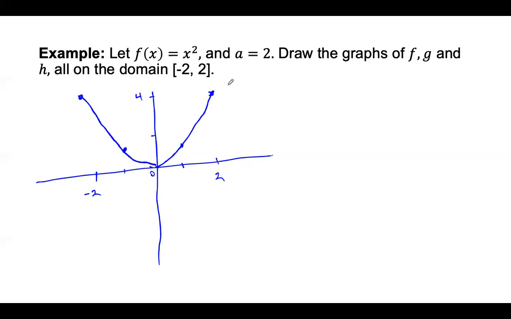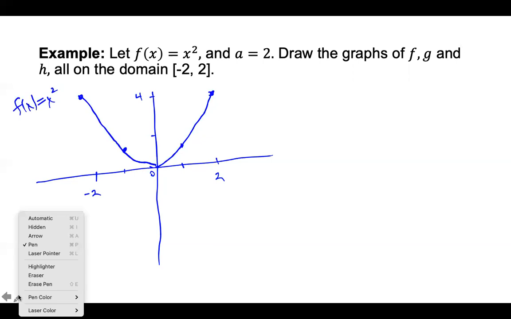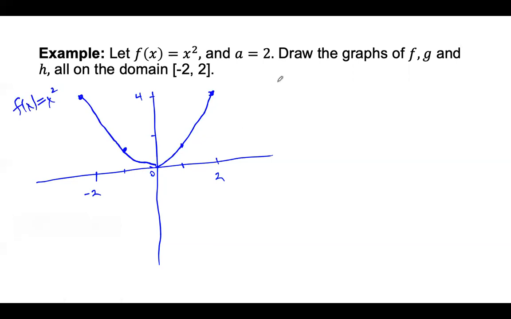And this blue one is going to be right over here, x squared. Now we want to add a. For that function, let's say g of x is going to be f of x plus a, meaning this is going to be x squared plus 2.